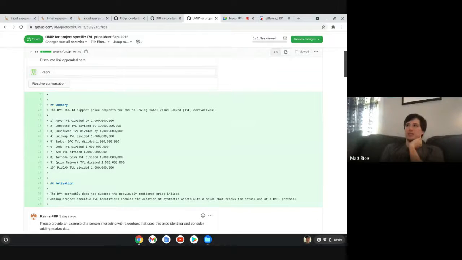Yeah, and so the difficulty, it sounds like, is we have a choice between using a really centralized provider who does this curation for us, or for each one of these we could have a completely distinct method for computing TVL, right? And the problem with that is it's just really complicated and difficult to spec out.